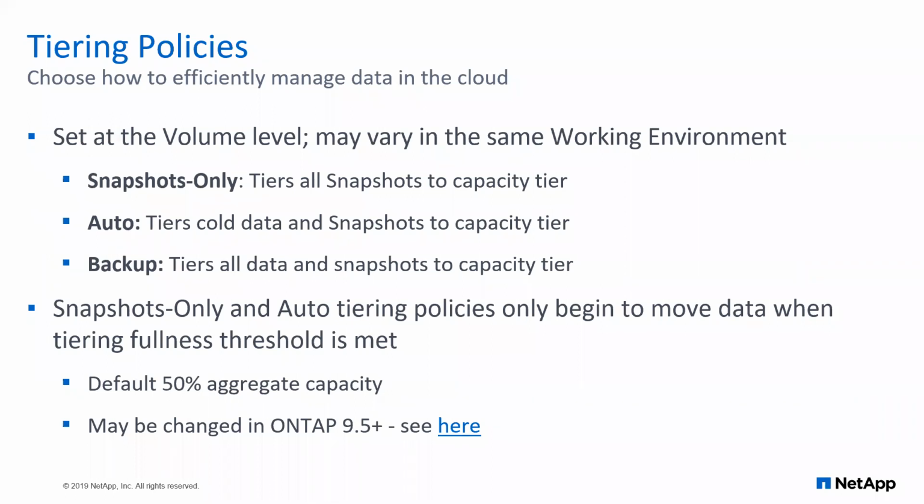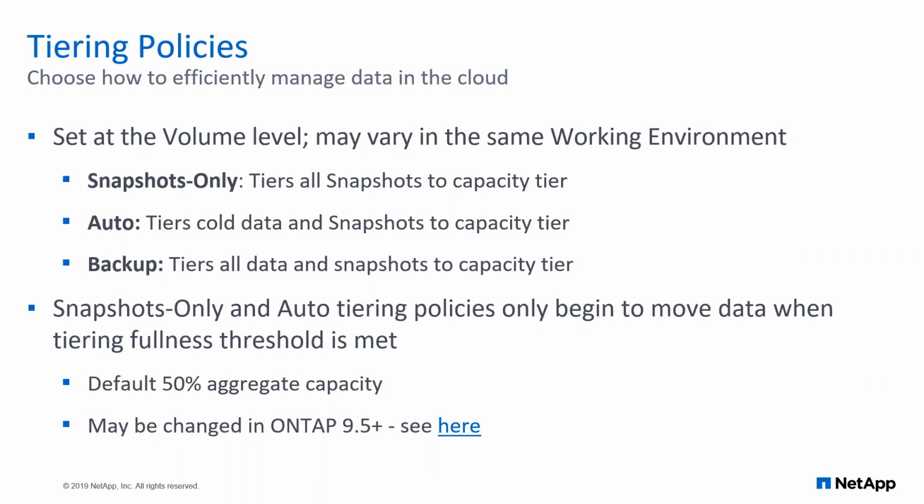That is by default 50% of the aggregate capacity. And starting in ONTAP 9.5, you can change that percentage.